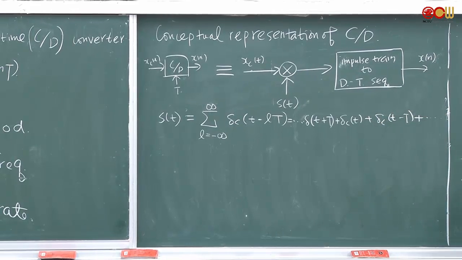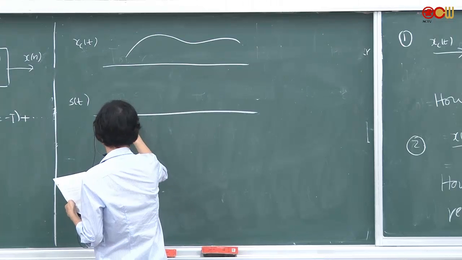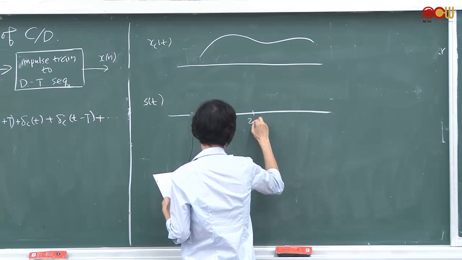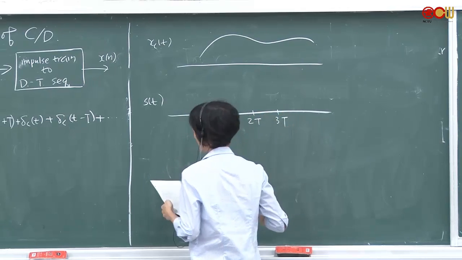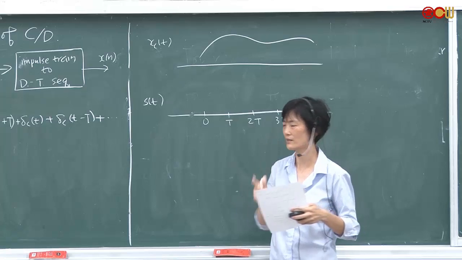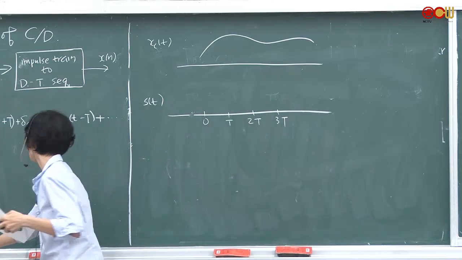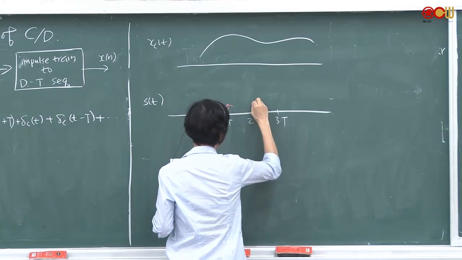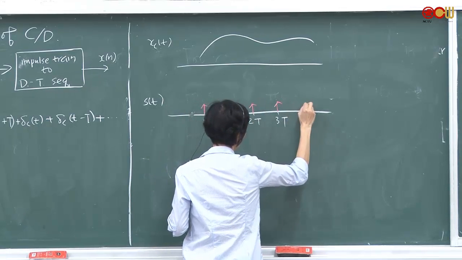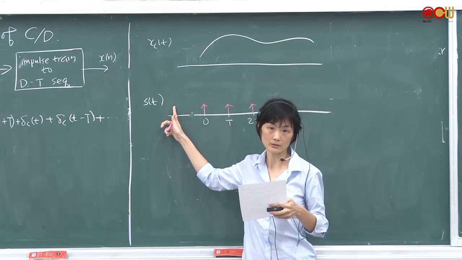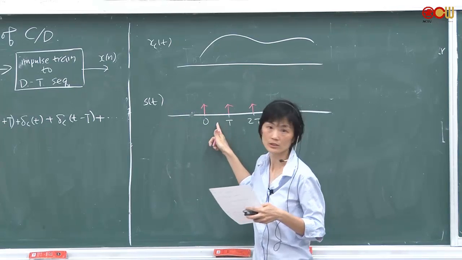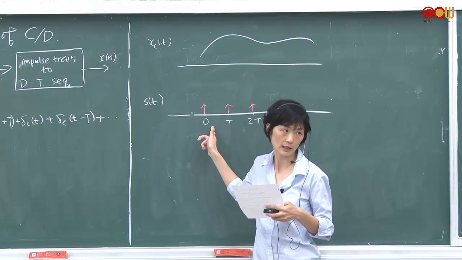So st would look like this. It has an impulse at 0, and at T, at 2T, 3T, every T seconds it has an impulse. So let's draw s. Impulse, impulse, impulse, like so. It's a continuous time signal, so we are drawing continuous impulses here.